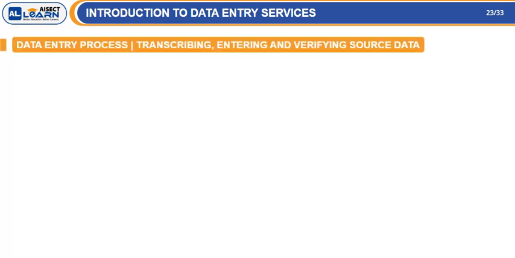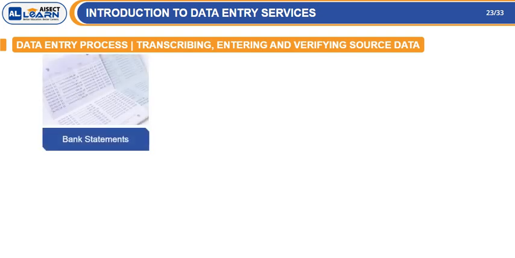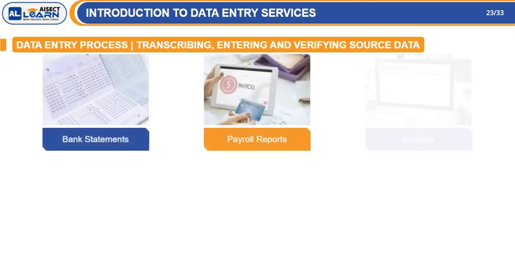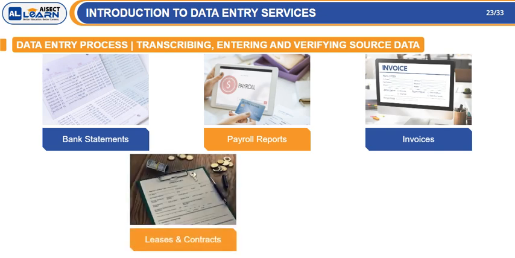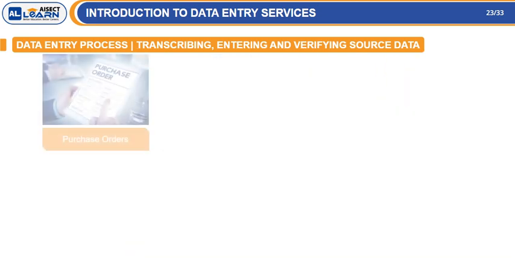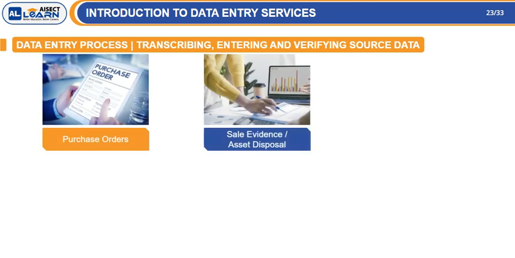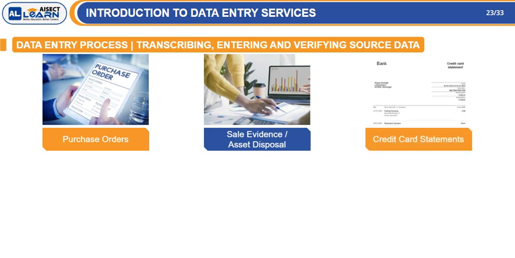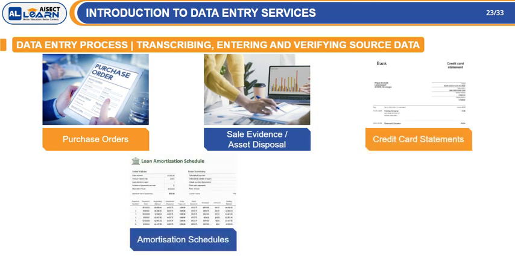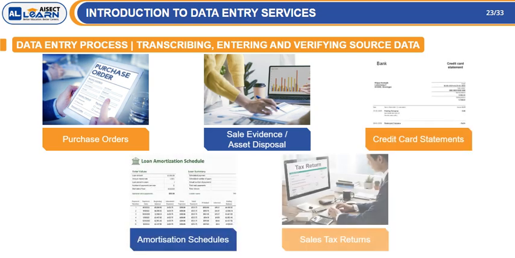The different examples of source documents include bank statements, payroll reports, invoices, leases and contracts, check registers, purchase orders, evidence of a sale or disposal of an asset, credit card statements, amortization schedules, sales tax returns.